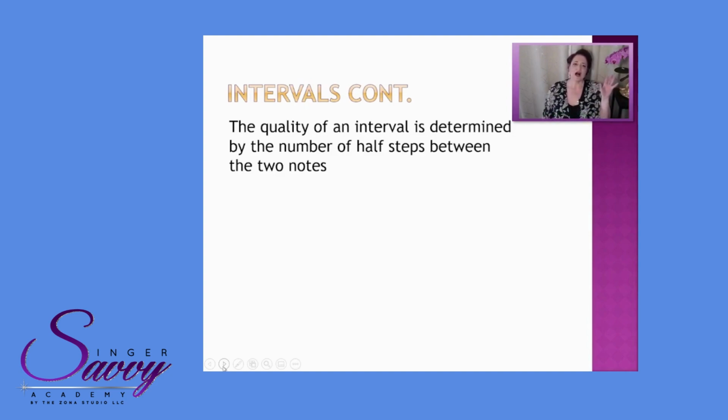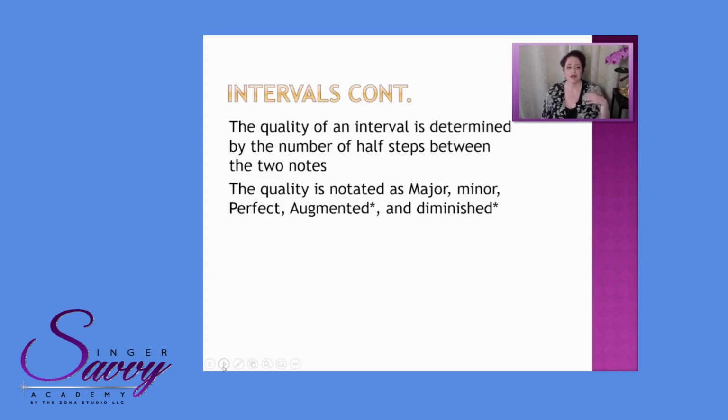Now, the quality of the interval is the way the interval sounds. Okay? And so the quality of the interval is determined by the number of half steps in between 2 notes. All right? The quality of the interval is notated as major, minor, perfect, augmented, or diminished.